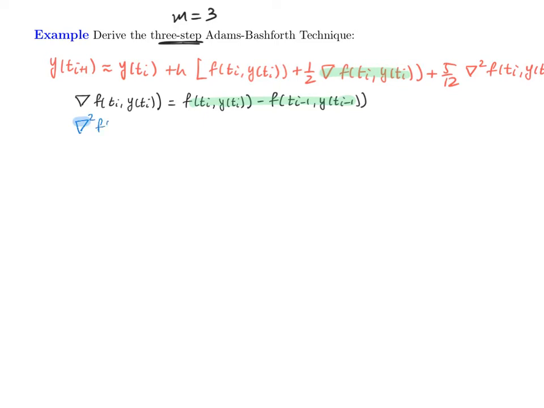All right, so then nabla square of f of ti, y of ti should be the same thing as nabla of f, which will be nabla of f of ti, y of ti minus f of ti minus 1, y of ti minus 1.